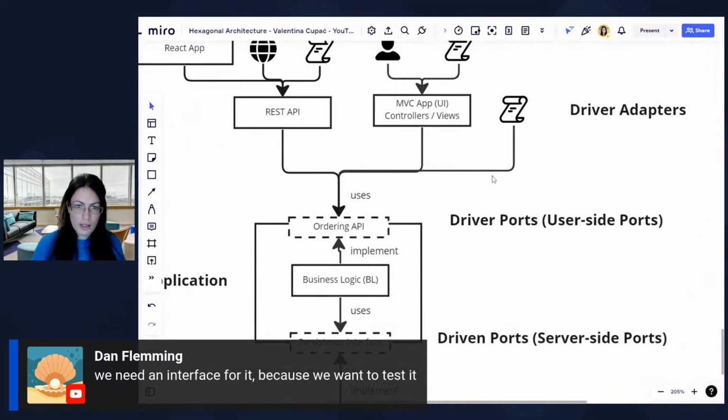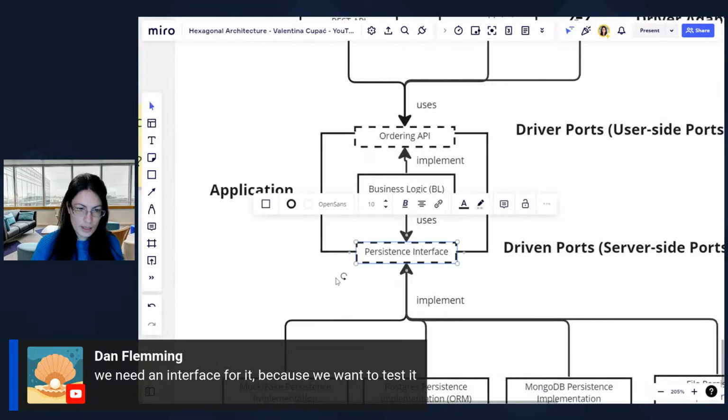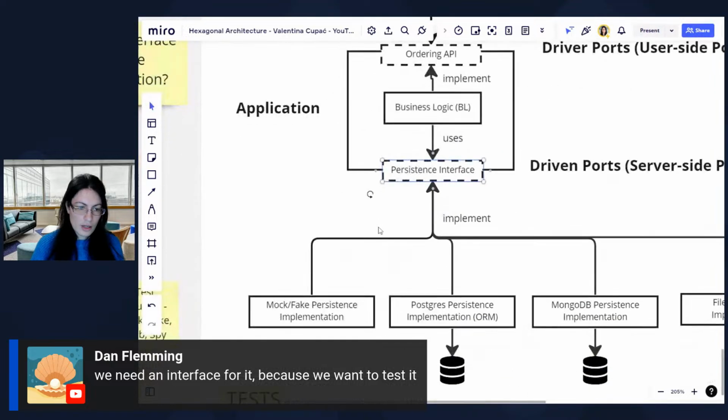As we can see here, we have tests which are testing essentially the driver port, so they're testing the application in this way. And here we will be replacing the persistence interface with mocks or fakes.